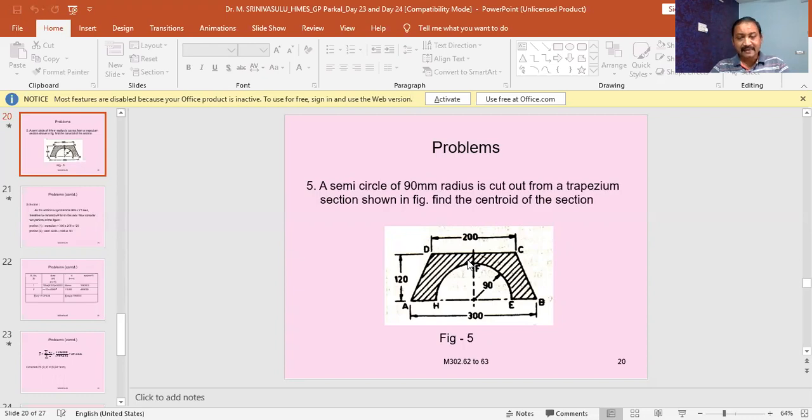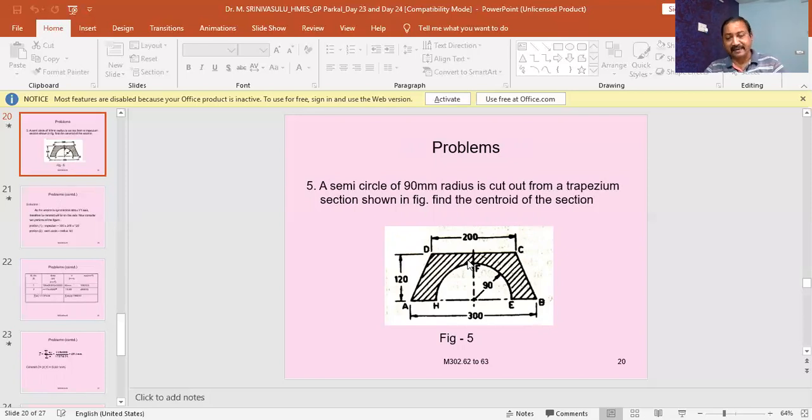So here, it was a full trapezium, but a semicircle having a radius of 90 millimeters is cut out. Only the remaining figure after removal of that semicircle is the section, the hatched part, and for that we are supposed to find the centroid.